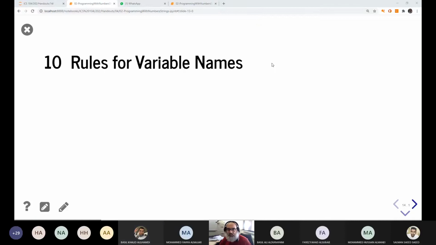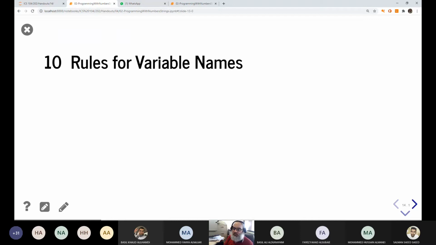Fine. Okay. So basically what we did last time is we introduced the concept of variables, right? And we saw how variables are created basically through assigning them a certain value.